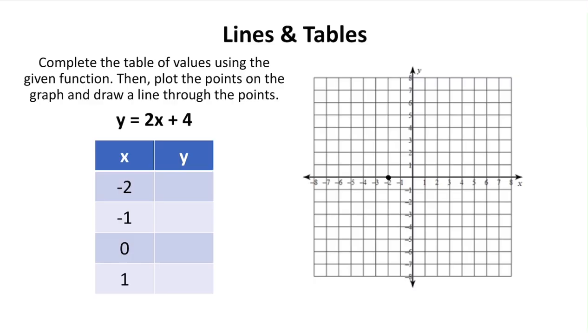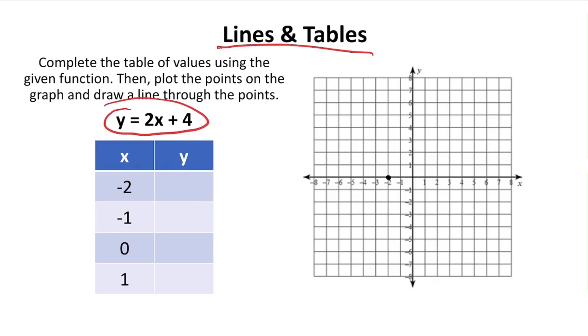Okay, let's move to lines and tables. It says complete the table of values using the given function, then plot the points on the graph and draw a line through the points. So anytime you have a function like this, for us we're using linear functions, but it can be any type of function.